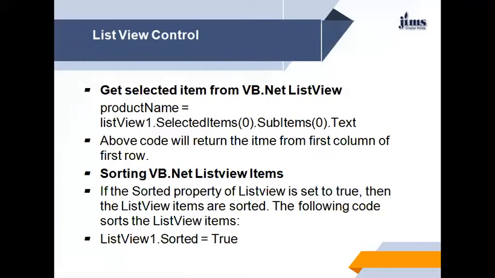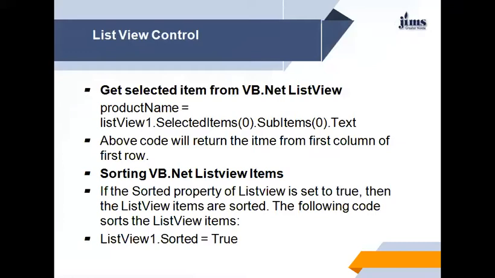So the above code will return the item from the first column of the first row, that is, 0 and 0, the first row and first column. If you wish to select from the second row, first column, then you will write SelectedItems(1).SubItems(0).Text.